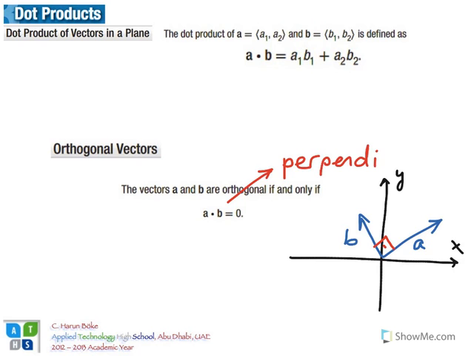So we use the term orthogonal for vectors. Two vectors are orthogonal if they are perpendicular, meaning if their dot product is 0.